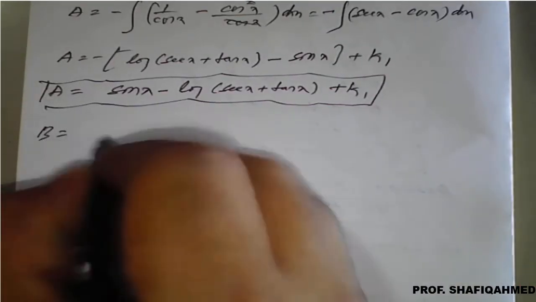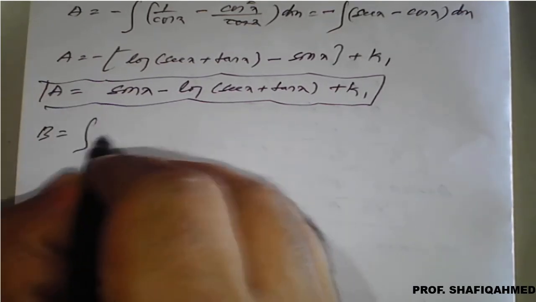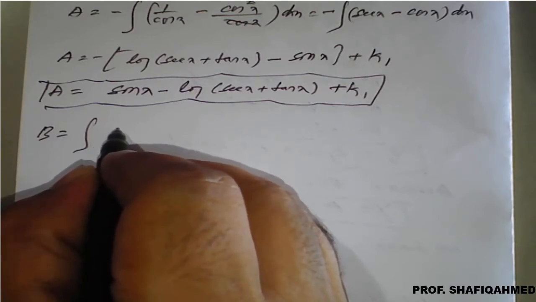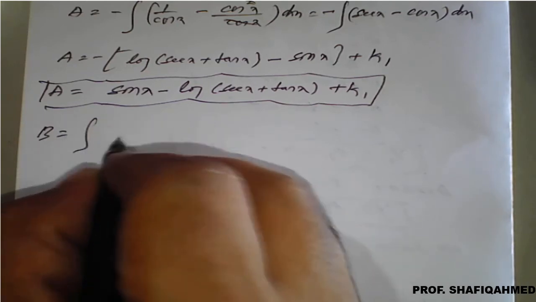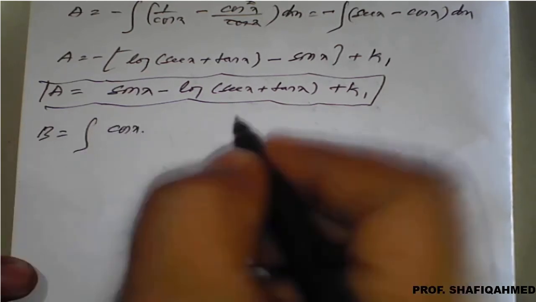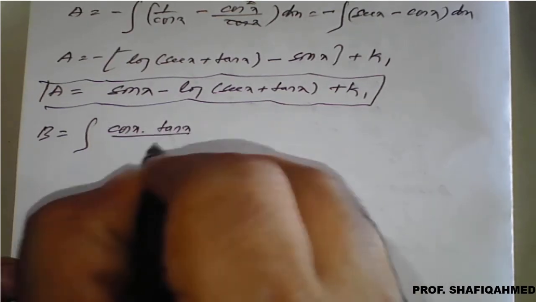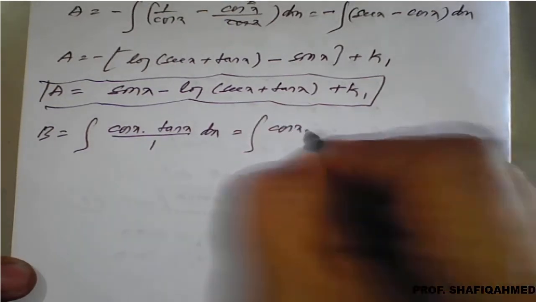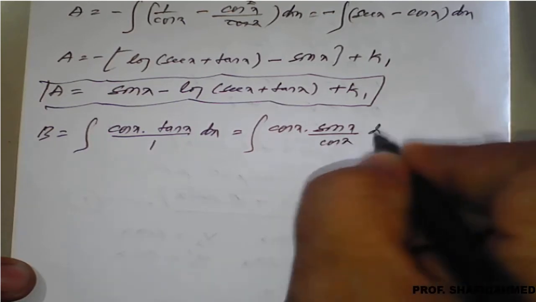Therefore now we will find B. B is given by integration of y1. So y1 is cos x into phi of x, which is tan x, divided by W, which is 1, into dx, which is integration of cos x into sin x divided by cos x into dx.